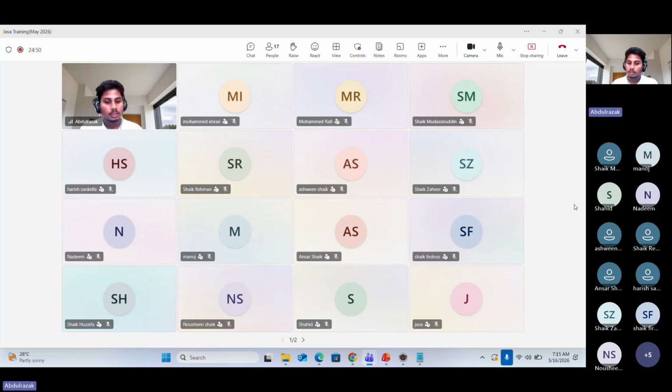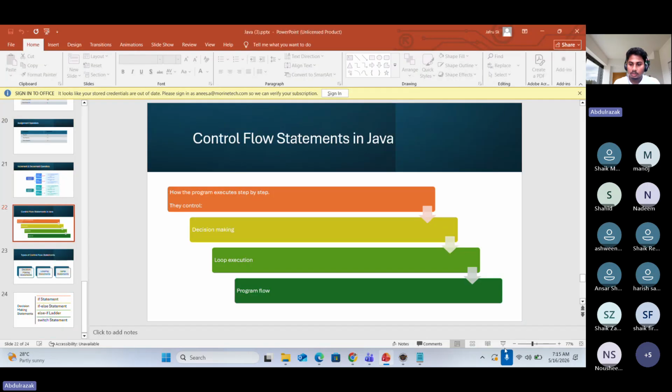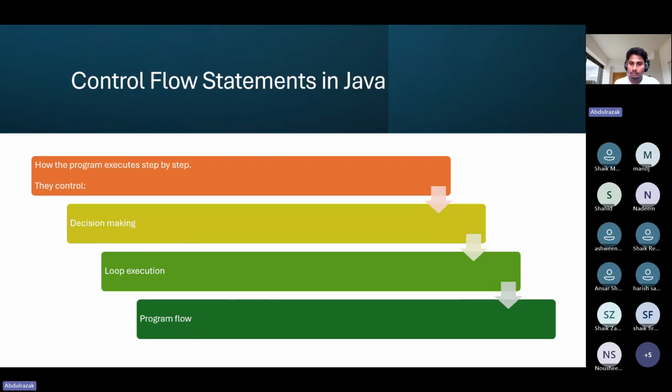Next, we have the control flow statements. So our next topic is control flow statements. Why we need these control flow statements? So here you can see the name itself, control flow statements. So something it is controlling. So what it is going to control here inside our Java program, we are executing some statements.